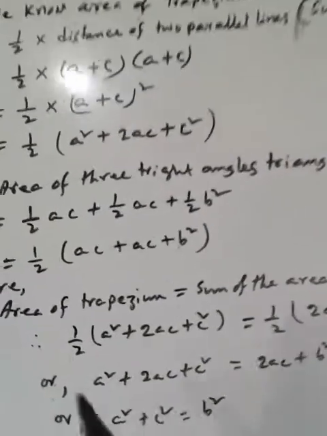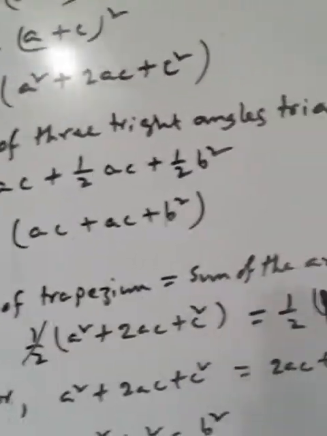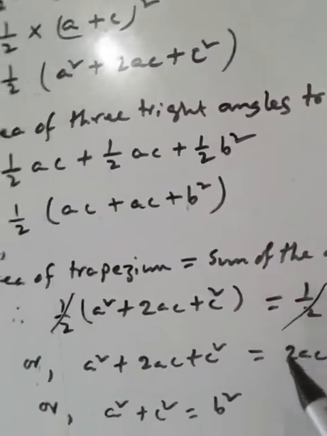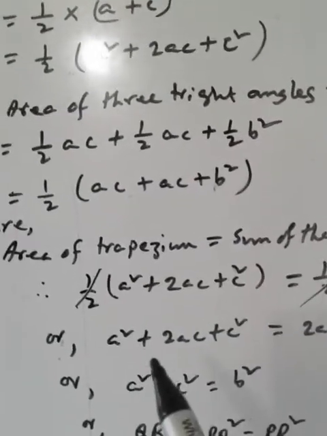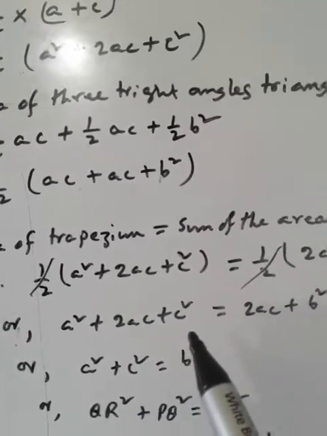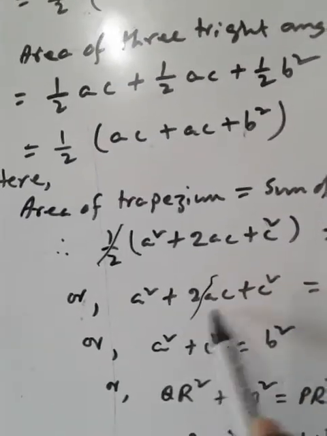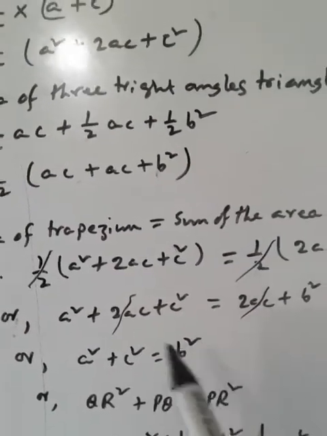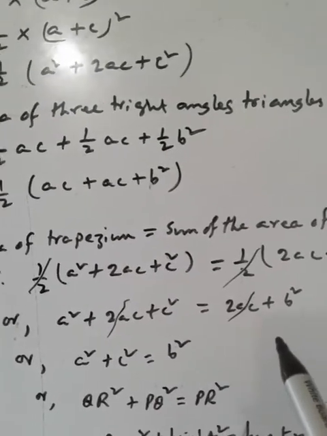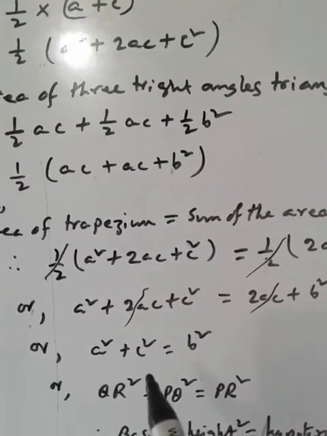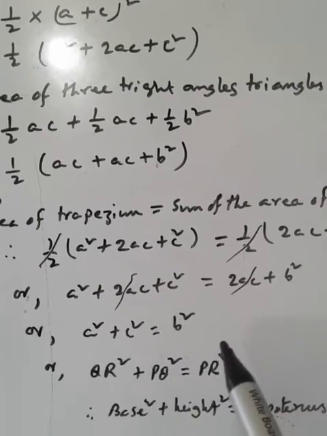Now this half and this half we can cancel. Now we are getting A square plus twice AC plus C square equals twice AC plus B square. Twice AC and twice AC cancel, and now we are getting A square plus C square equals B square.